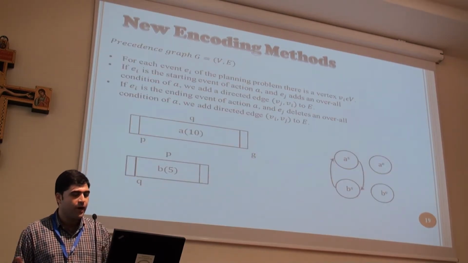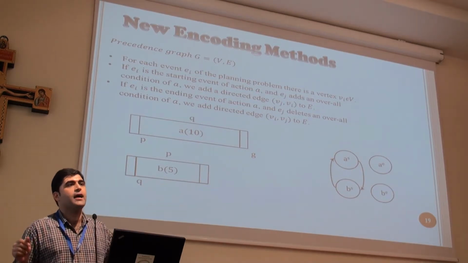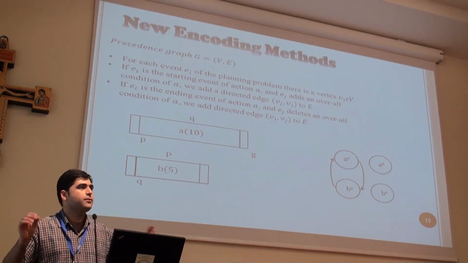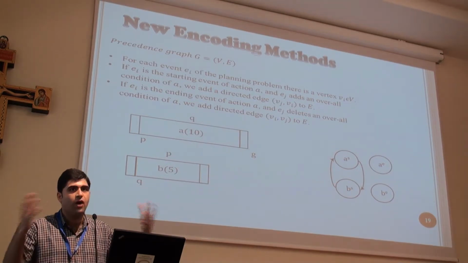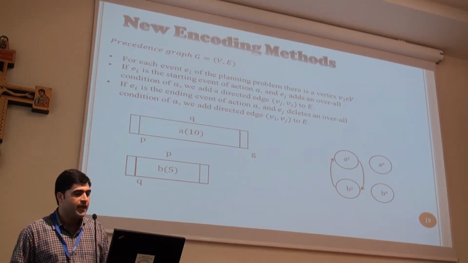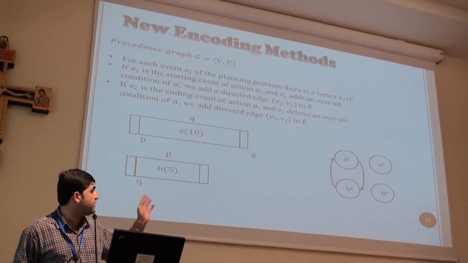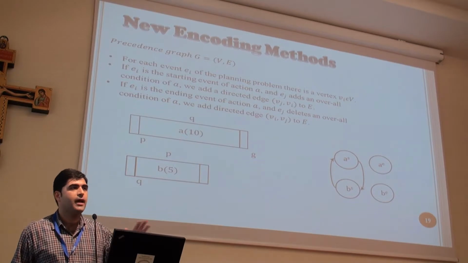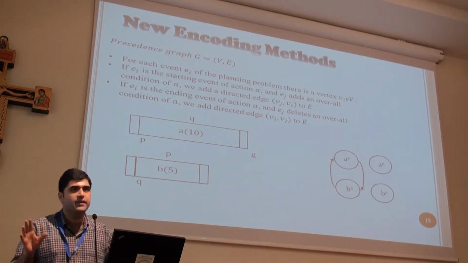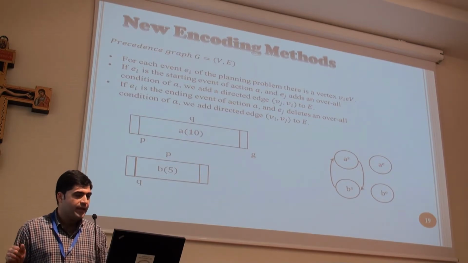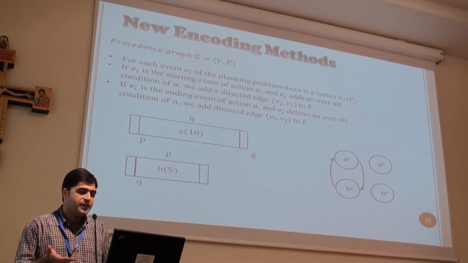We do it by constructing a graph of all events of our problem, the grounded events of our problem, and we put an edge in this graph if the nodes of this graph are associated with the events of our problem, and if there is a reason of precedence. We call it a precedence graph.